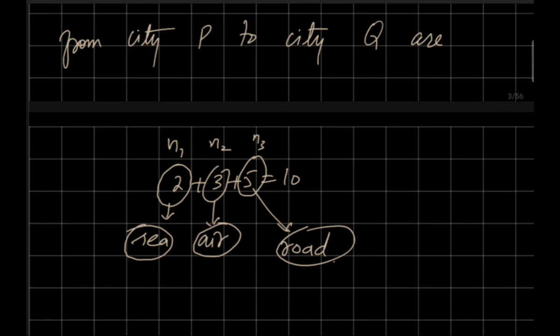If we have a way which is from the sea, it cannot be from the road, it cannot be the same as from the air. So they are totally disjoint and different ways. Therefore, we used the sum rule of counting, or addition principle.